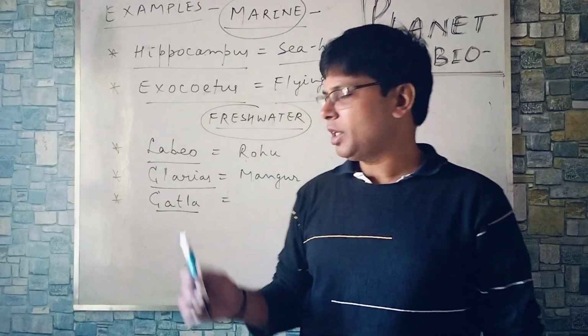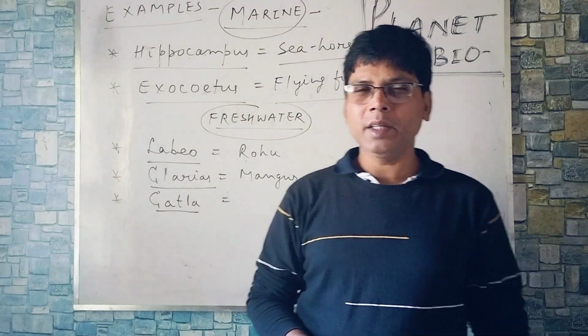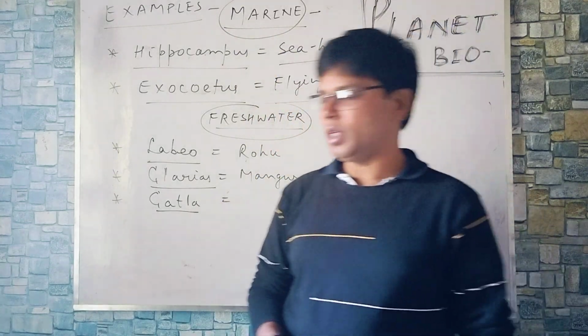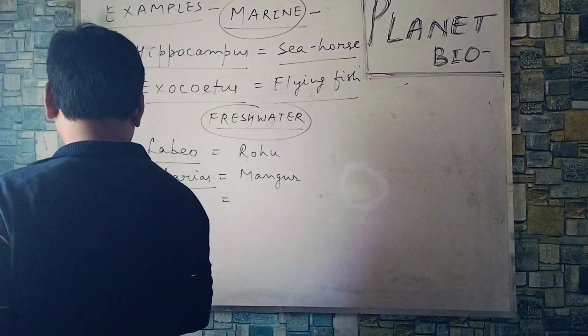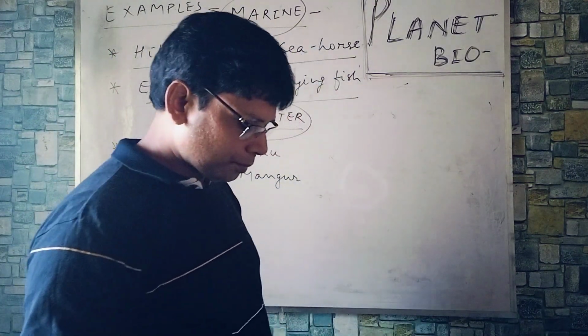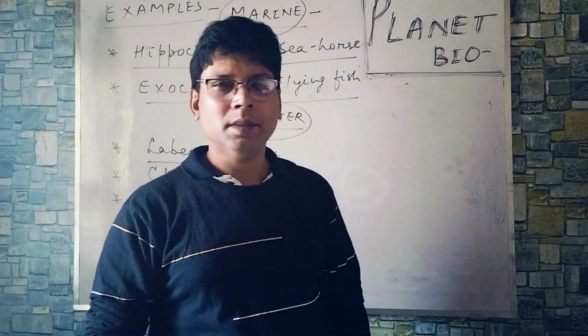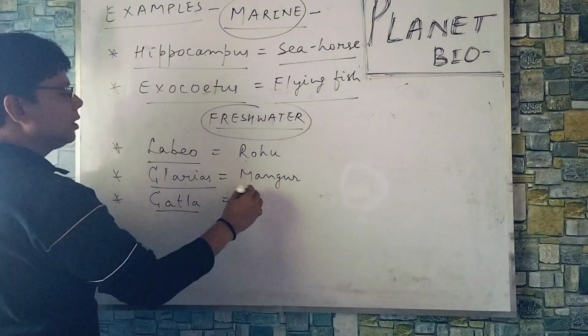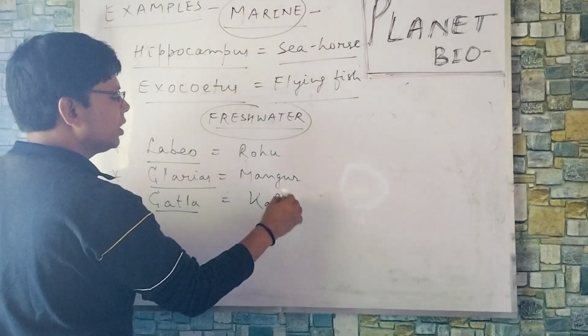This type of naming in which you find the same generic name and the same specific name is called tautonym. Another example you can write in reptiles, Naja naja, cobra. Then Rattus rattus, rats, mammals. So Catla catla, commonly known as Catla.